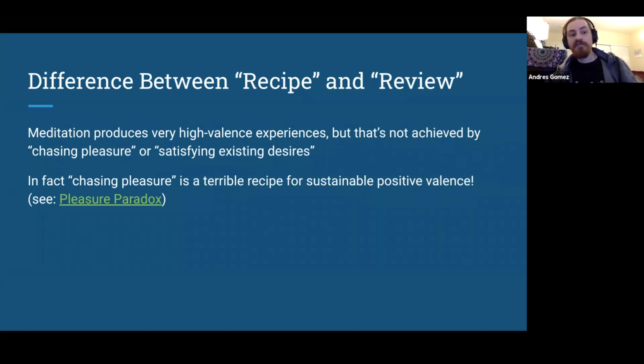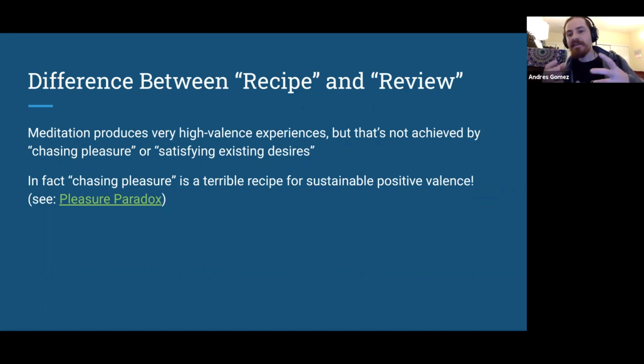For a lot of meditation states, or even general life advice, there's this idea of: don't mindlessly chase pleasure or try to satisfy all of your existing desires compulsively. Doing that is not going to result in sustainable high valence. And a lot of meditation instructions say to have neither an approach nor a withdrawal response to emotions, this equanimity.